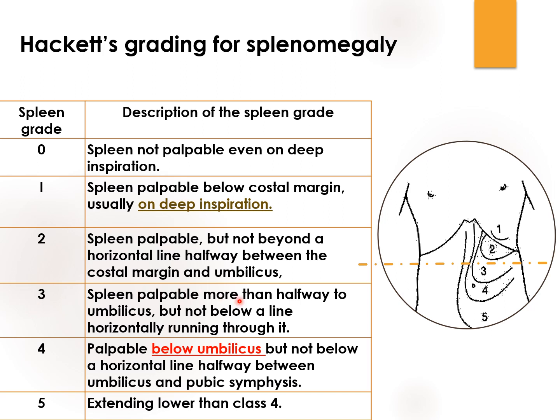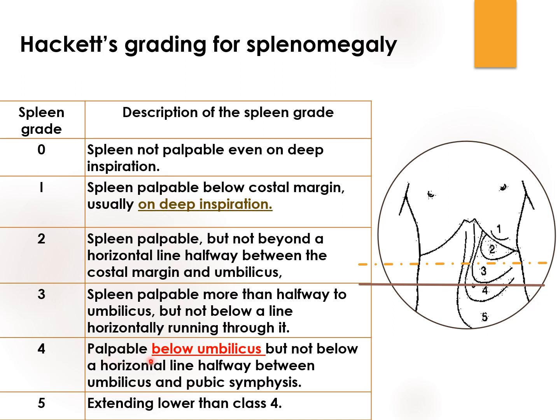Grade 3 is when the spleen is palpable more than halfway to the umbilicus, almost near the umbilicus and crossing this line between the costal margin and umbilicus, but not crossing the line through the umbilicus. So we have to draw the horizontal line through the umbilicus, and when the spleen is not crossing this second line, that means it is grade 3.